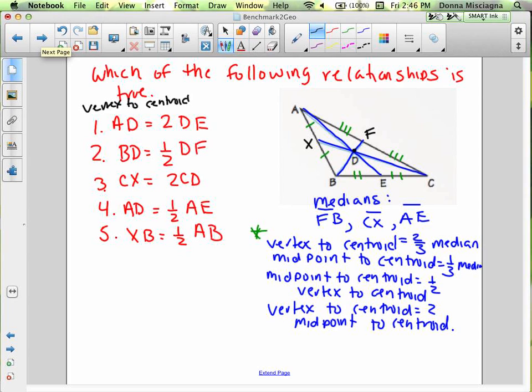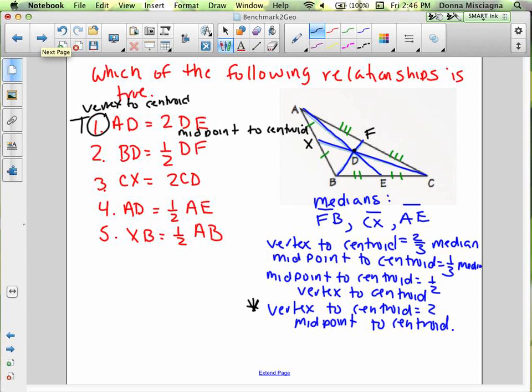Well, DE is midpoint to centroid. And if we look at our list, vertex to centroid is 2 times midpoint to centroid. So this one is true.